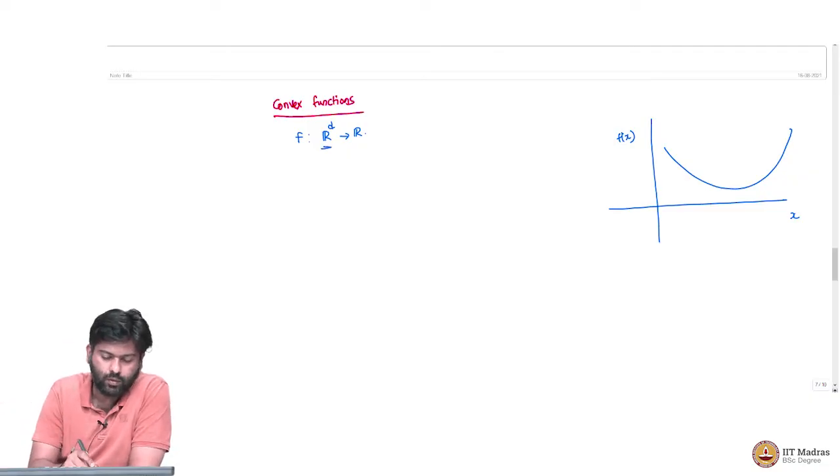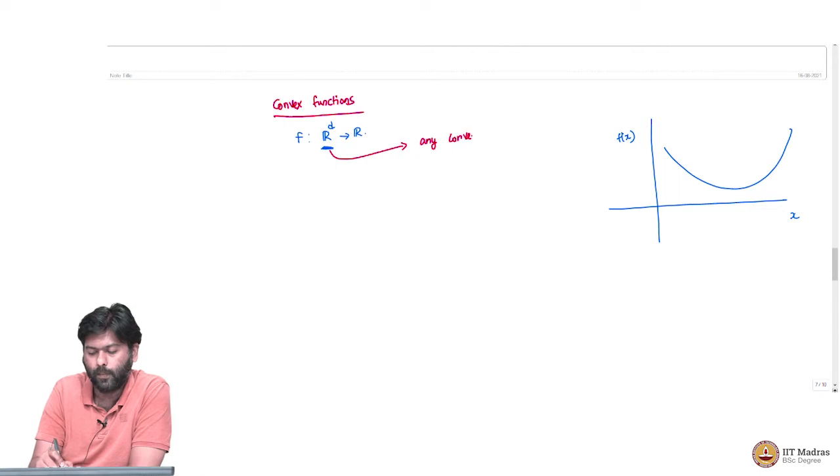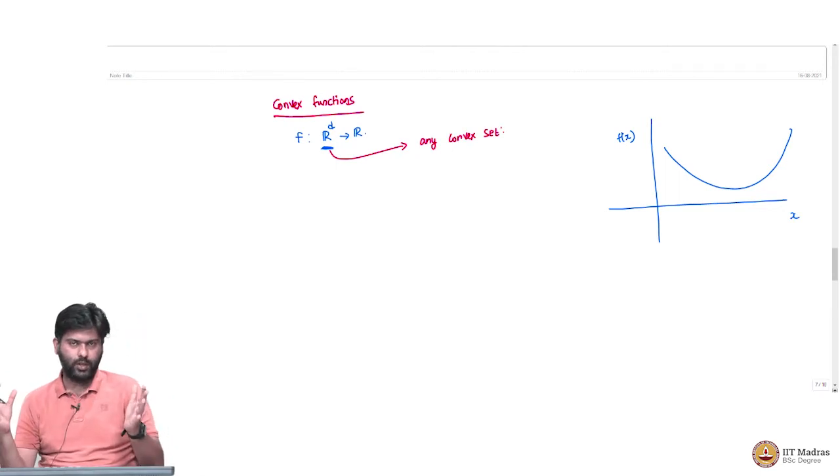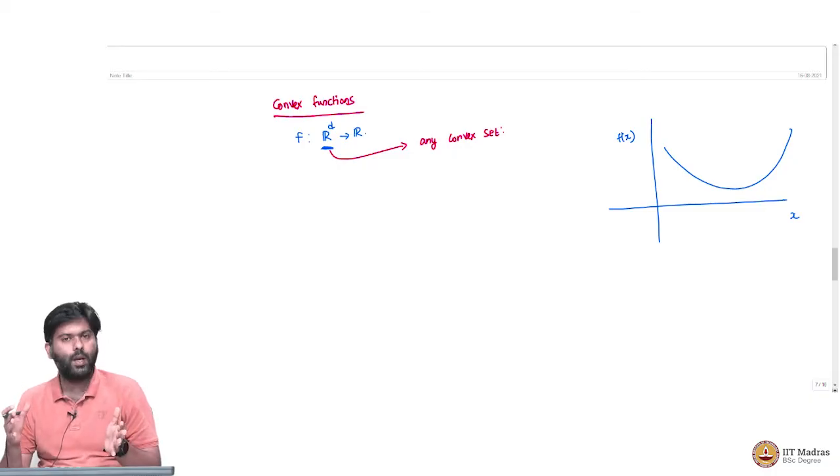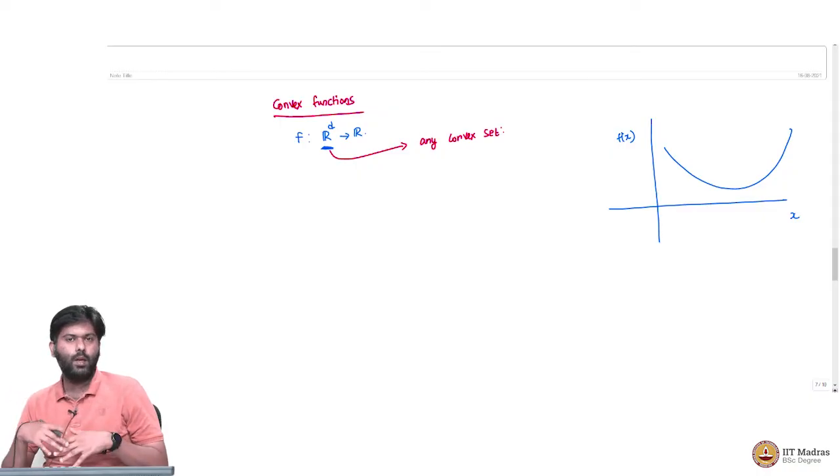We are going to think of it as R^d, but in general you can also think of this as any convex set. Maybe you are looking at a function which is restricted to a particular domain, and that domain has to be a convex set. So, given your function's value on that domain, you can ask whether your function is a convex function or not.